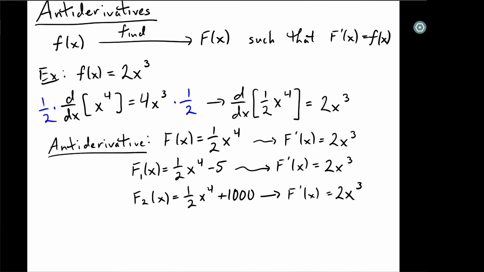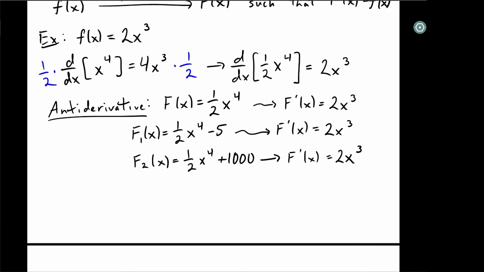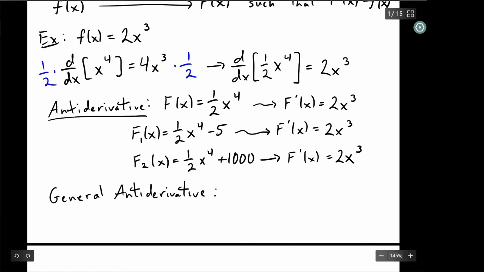So what we'd like to do is summarize that all together and say, all right, here's a function. What's the most general antiderivative I could write down? What's an antiderivative that somehow captures every possibility? That's what we're going to call the general antiderivative. So this is what we're really going to call F of x. And that 1/2 x to the fourth part was really important.